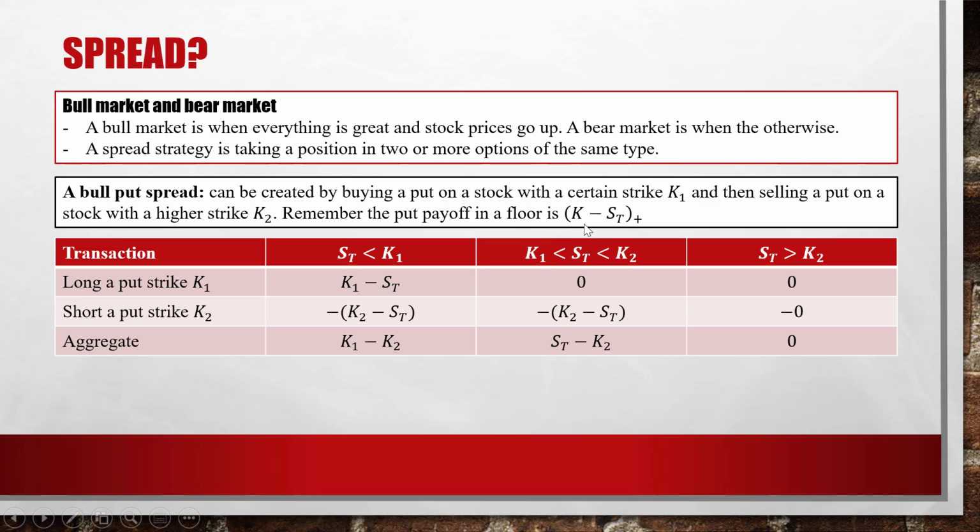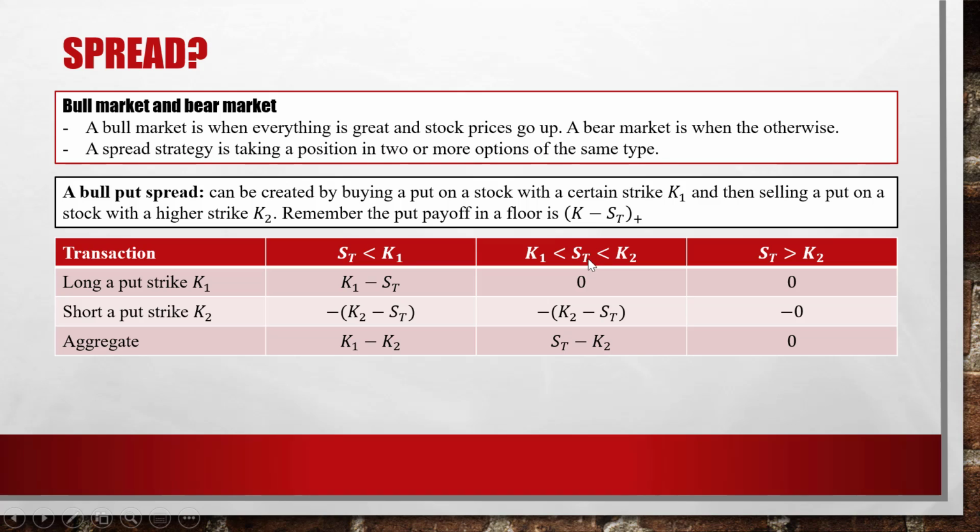We use the maximum value between K2 minus ST and 0. Here we have ST less than K1. That means ST is also less than K2, so K2 is greater than ST. So this one becomes minus (K2 minus ST) in the parentheses. See that? For K2 minus ST, we use the negative sign up front.